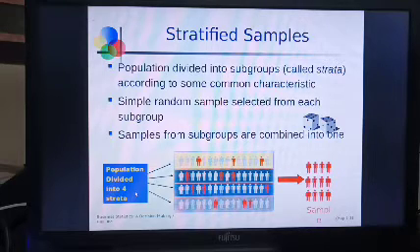It's for the researcher to determine. And then you group those samples taken from the subgroups. Okay?